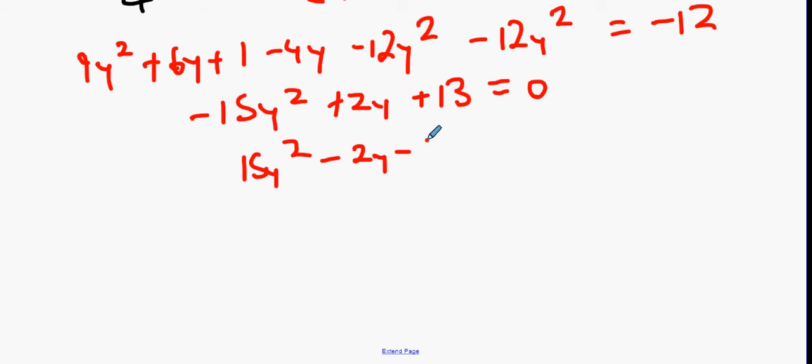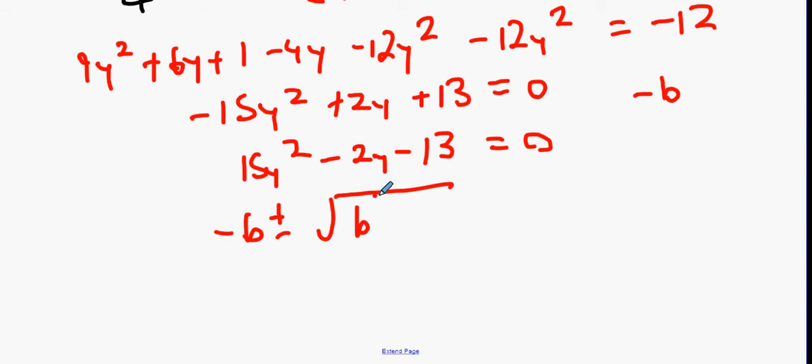I'd be inclined to do the minus b formula. So minus b plus or minus the square root of b squared minus 4ac all over 2a.